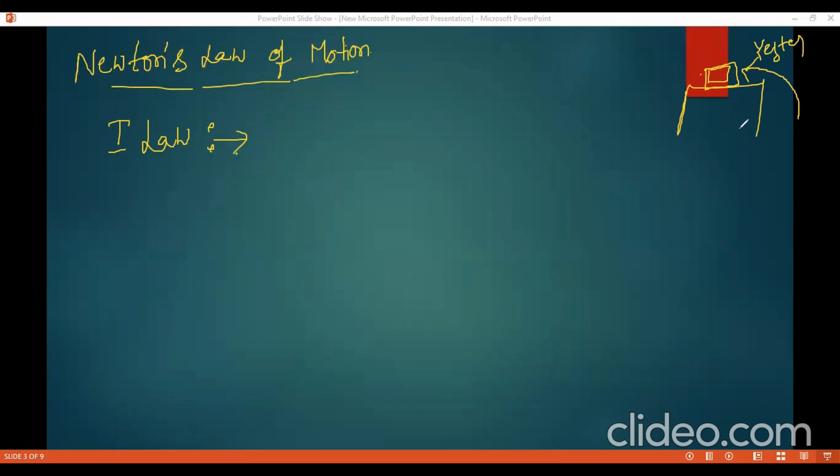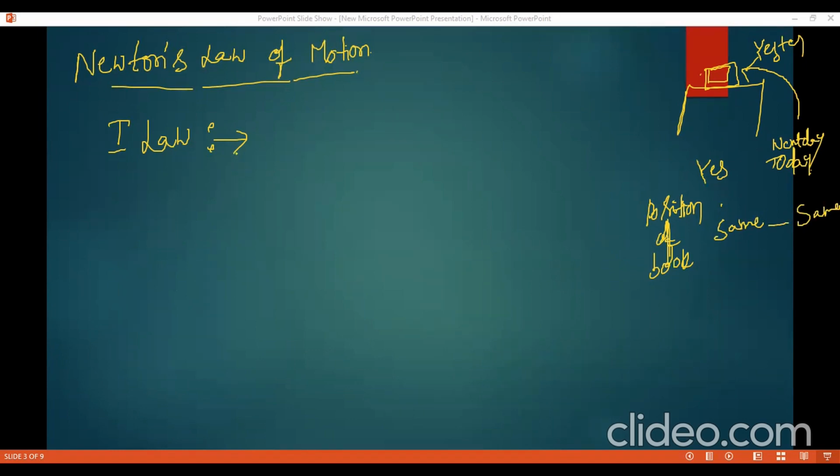Yesterday you observed the position of the book, and today, the next day, you observe the position of the book. The position is the same, there is no change at all.